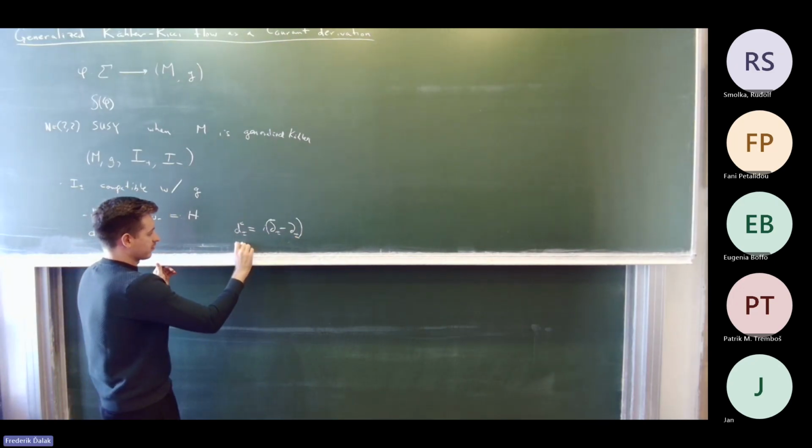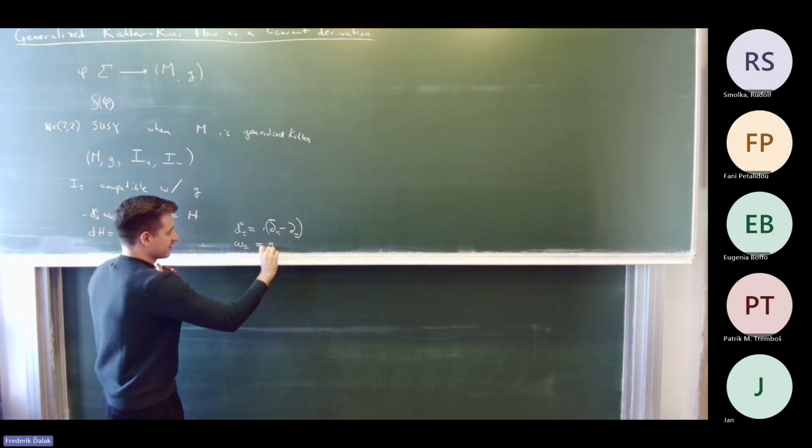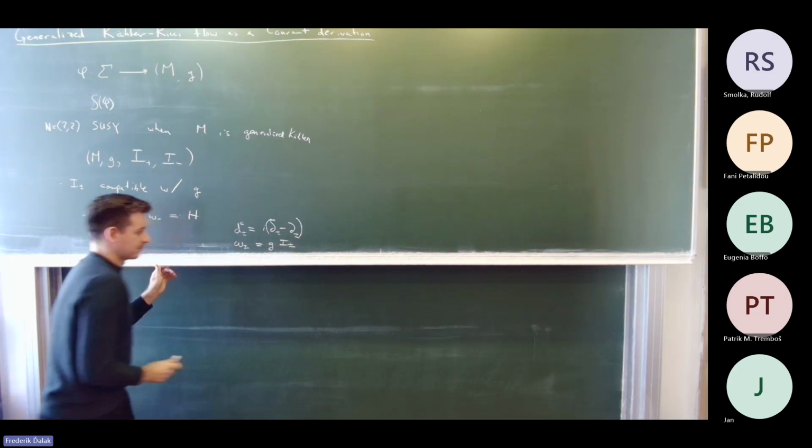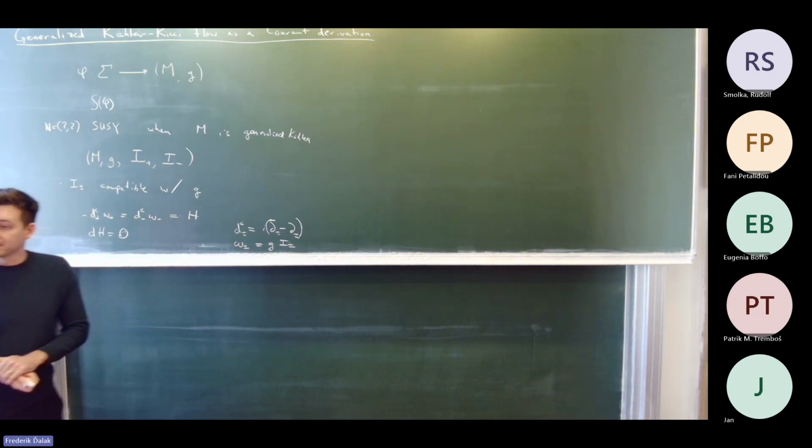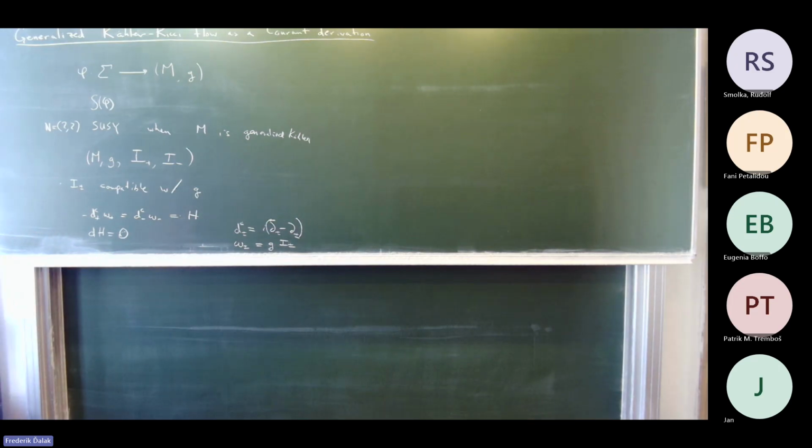And then we have the Hermitian forms omega. G is a metric and is Hermitian with respect to both complex structures, and they're both integrable complex structures.